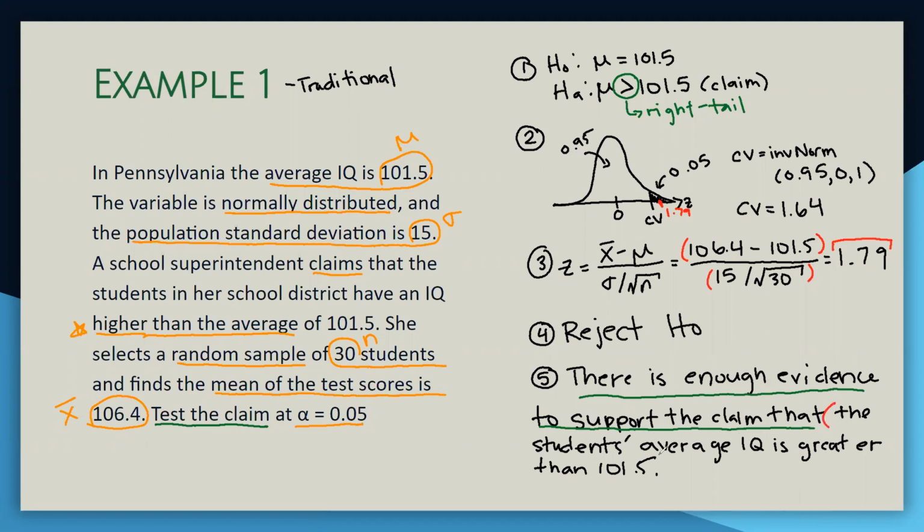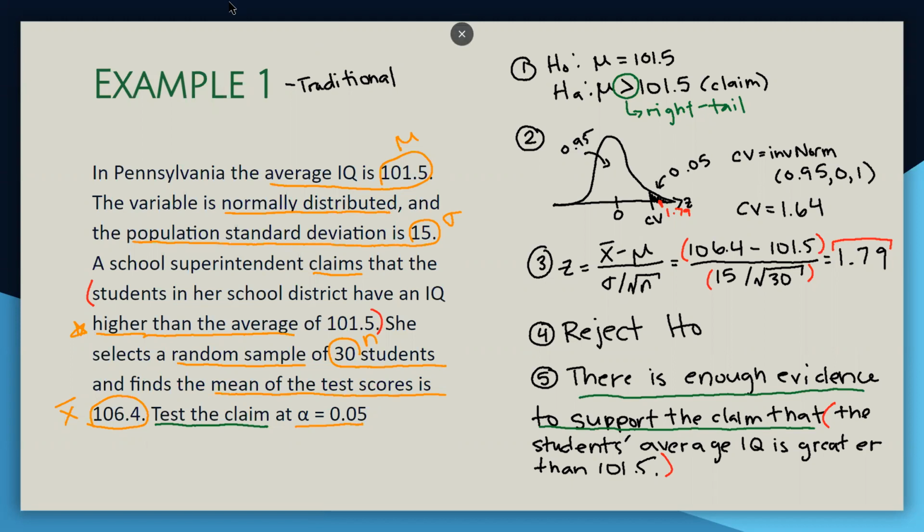So this part here is coming from this part here. Students have an IQ that's higher than the average of 101. So I didn't actually have to come up with any unique wording. I just had to choose the correct sentence frame from the table and then pick out wording from the problem that completed that sentence frame.